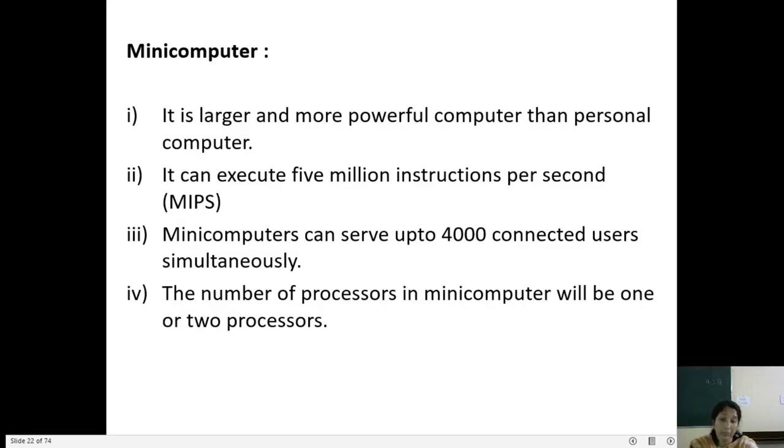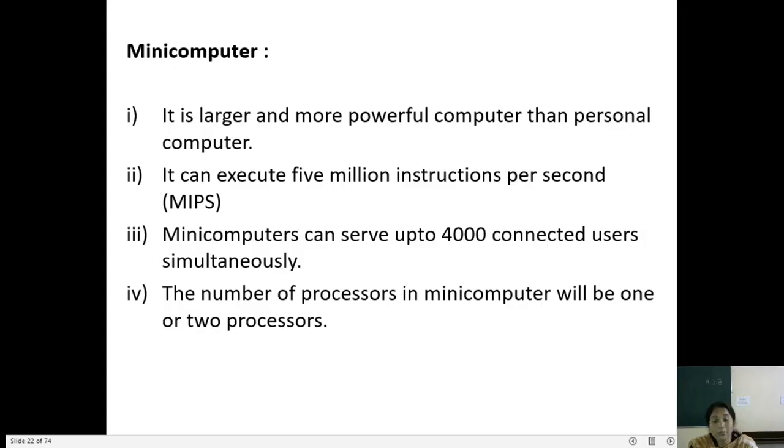It supports those types of operating systems, which you will understand later in the operating system subject.